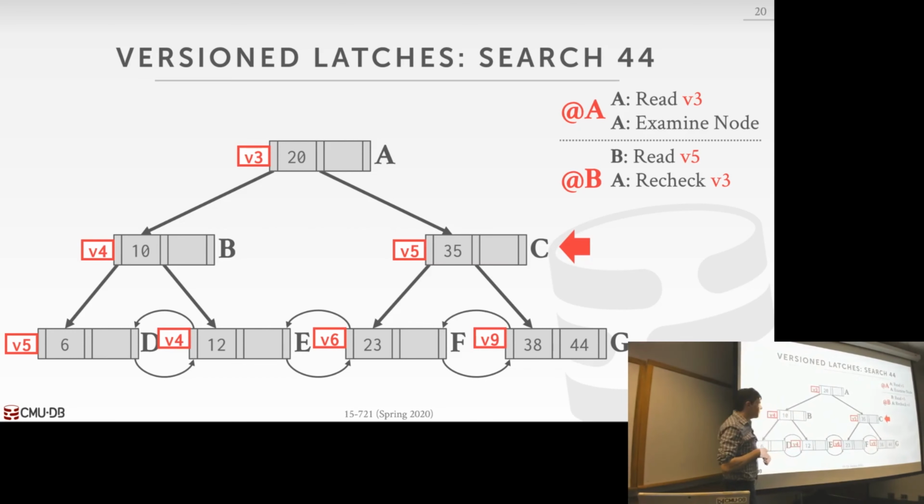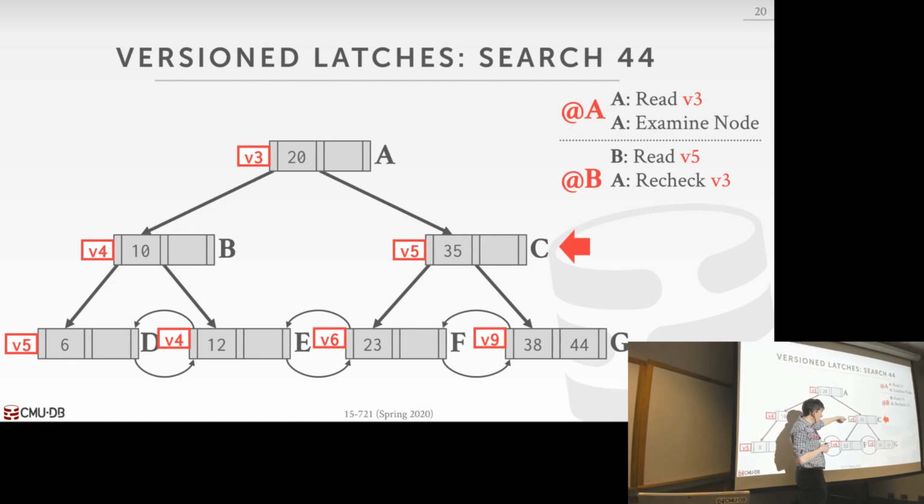Yeah. So the person that modified C, who increased it from V3 to V5, would go back and increase the version of A to V5? If someone modifies C or A? Some writer thread must be modifying C, that's why the version number is bigger.